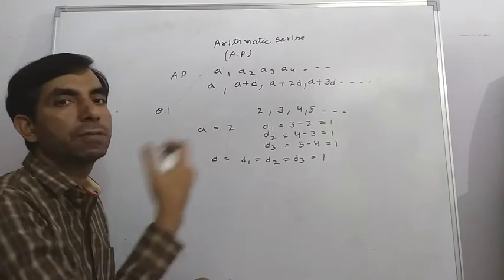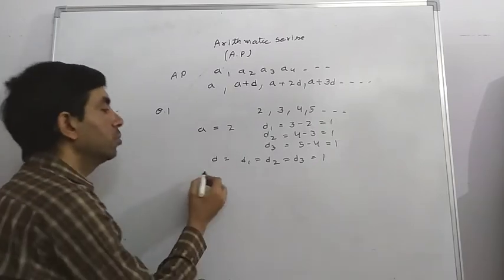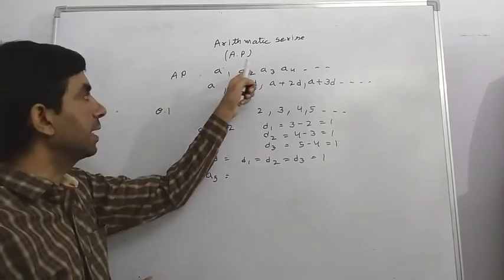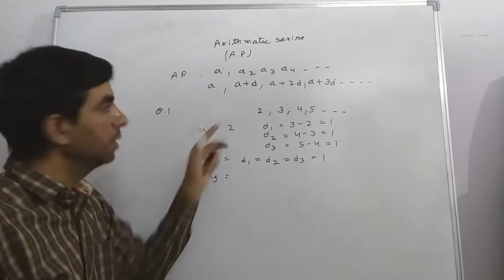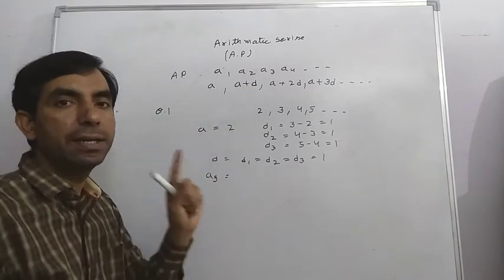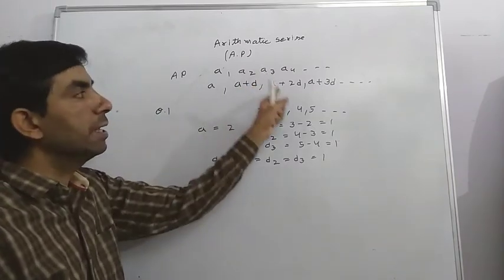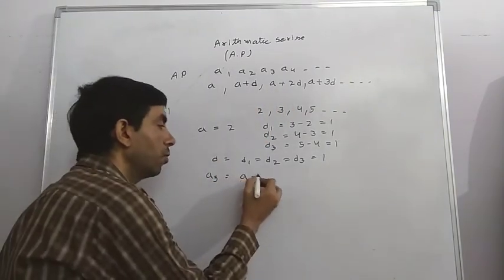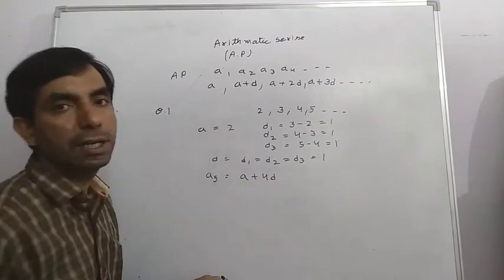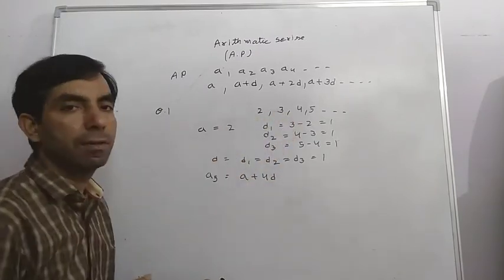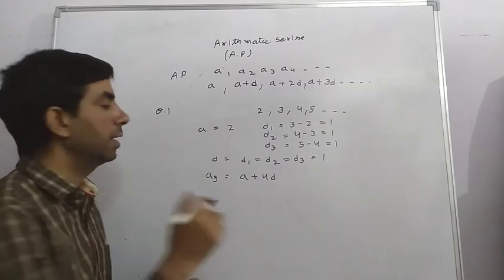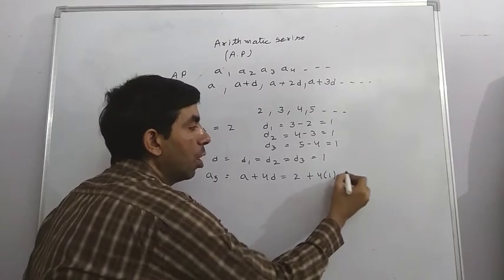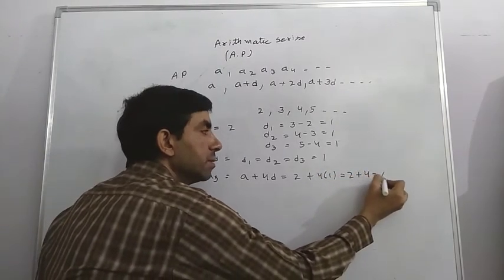If we want to find the fifth term: the first term is A, the second term is A plus D, one D added, A3 is A plus 2D, and similarly A5 is A plus 4D. Put in the values A equals 2 and D equals 1. So our answer is 2 plus 4, which is 6.